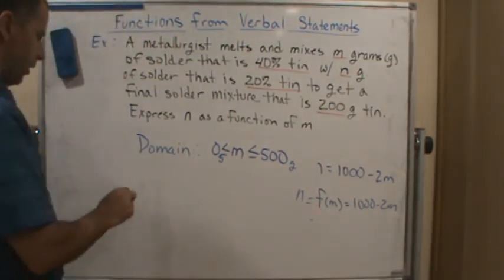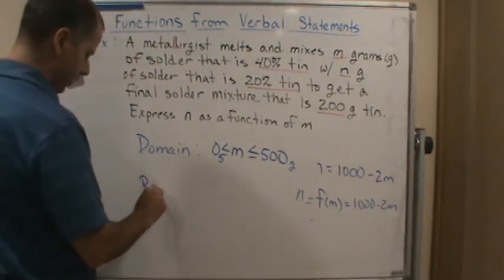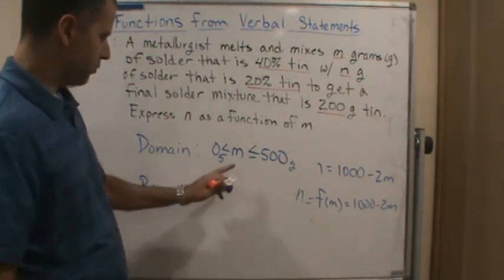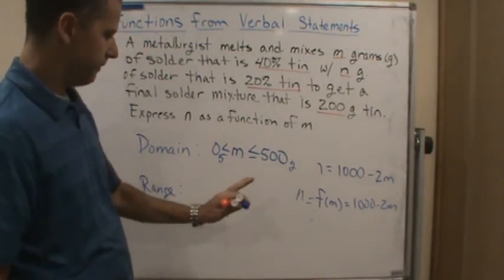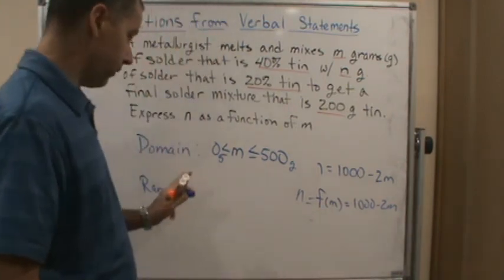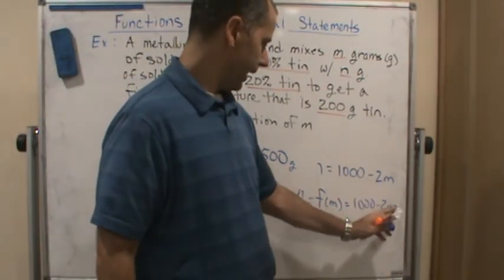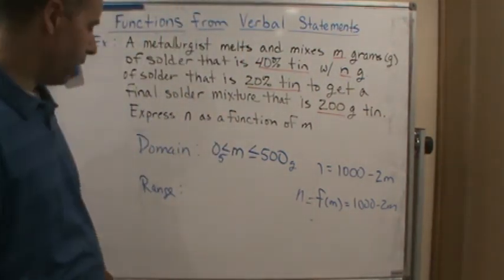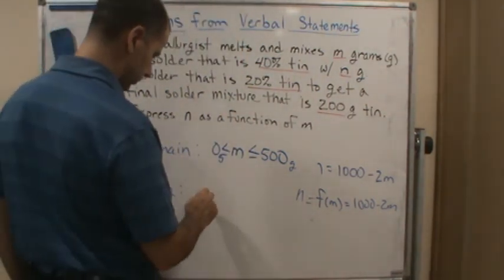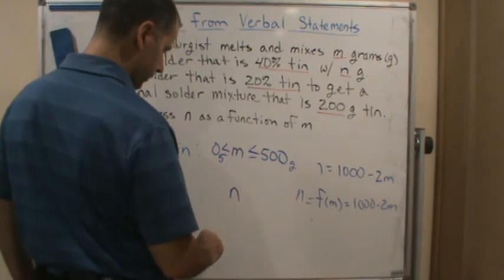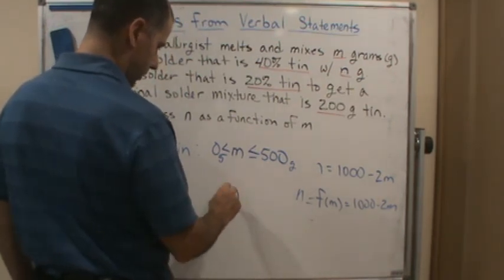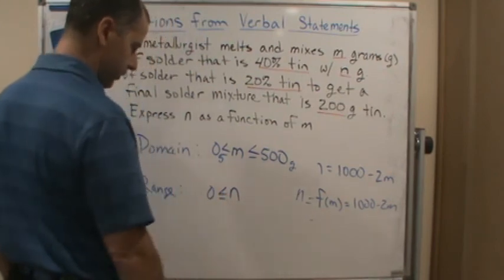Okay, good. So now, the range. If m is restricted here, how does that affect n? Well, let's figure it out. When m is 0, n is 1,000. So obviously n is bigger than or equal to 0, right?